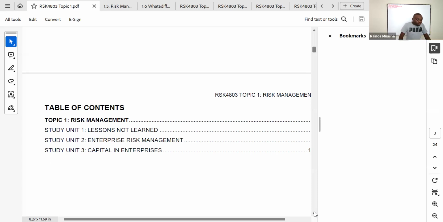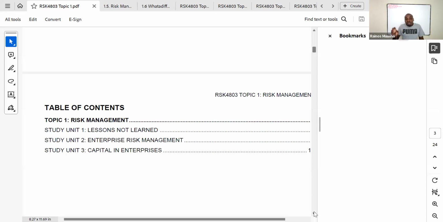Then the next one, study unit 3, looks at the capital in enterprises. Here we're looking at the financing of the organization. Traditionally, when we looked at the financing of the organization, we didn't look at the risk financing component, because the only financing that we looked at, for example in the accounting equation, was assets equals equity plus liabilities.